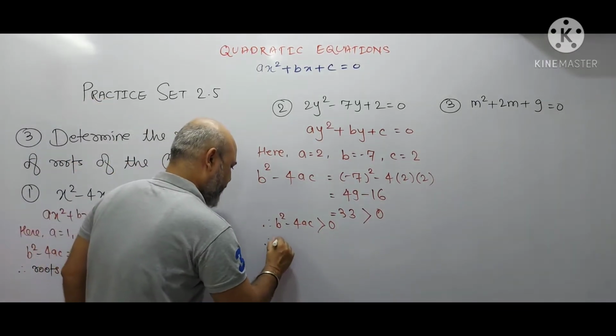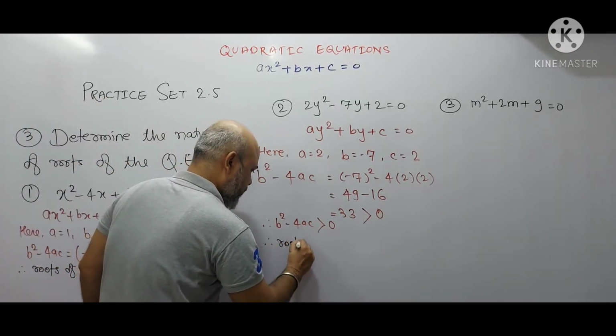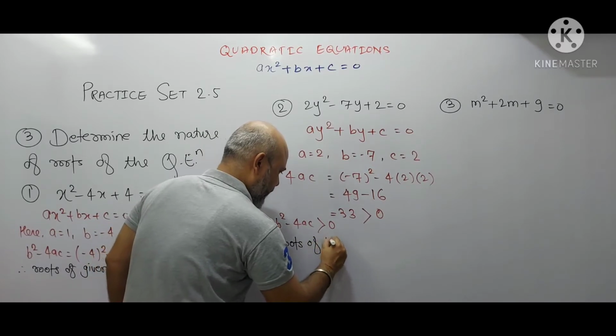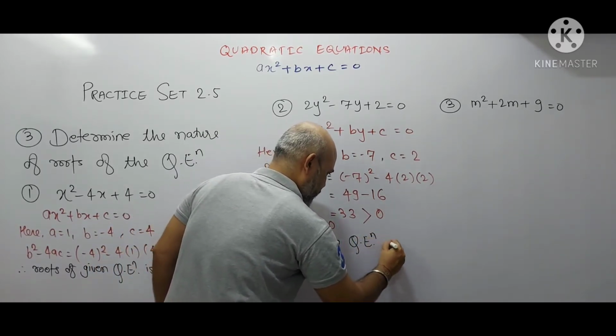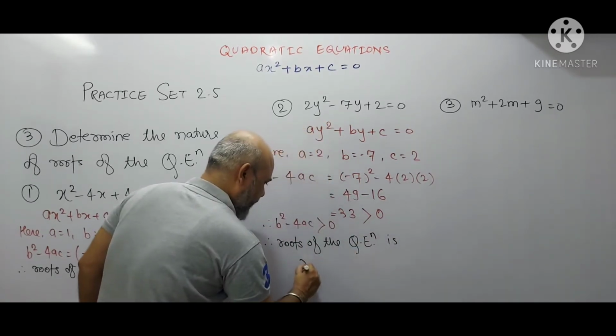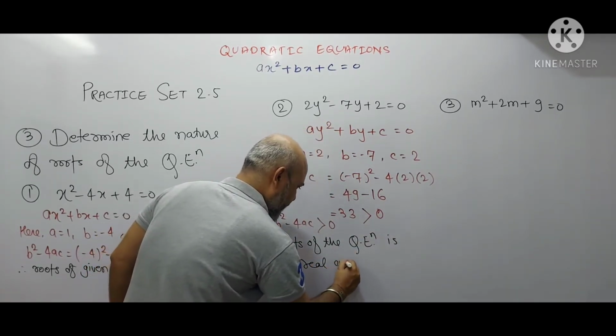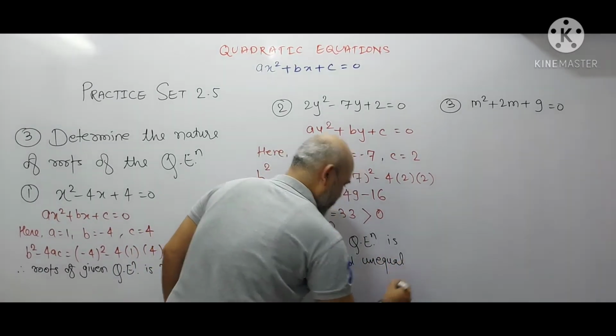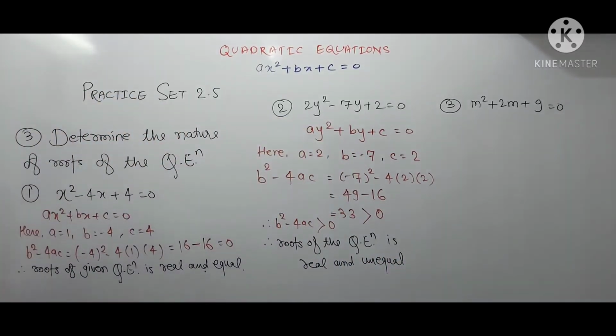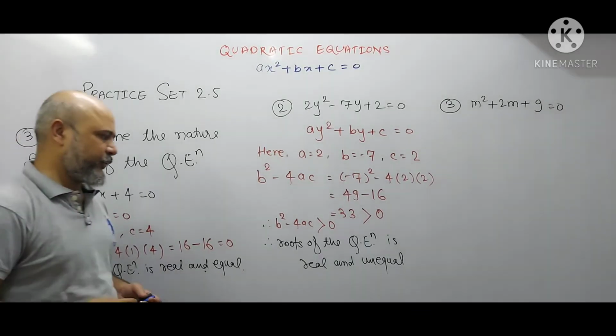Therefore, we will write roots of the quadratic equation are real and unequal, because the value of b square minus 4ac is greater than 0.